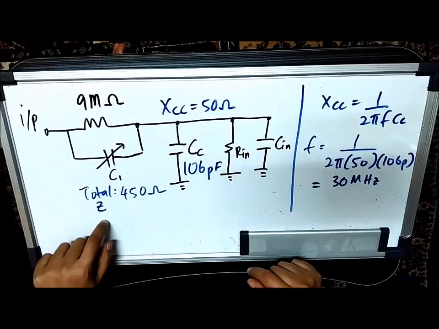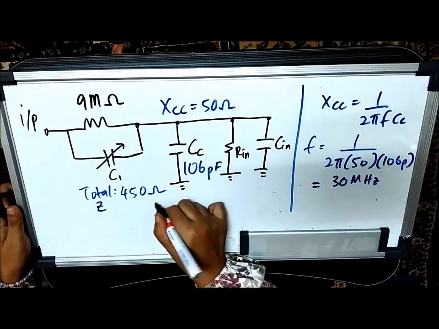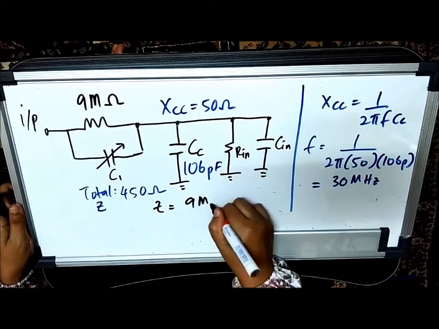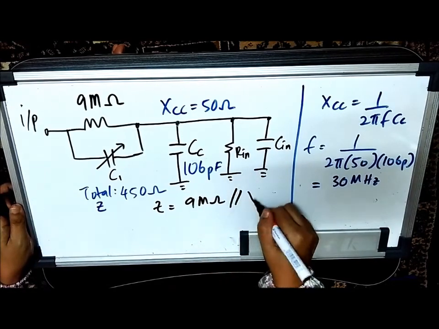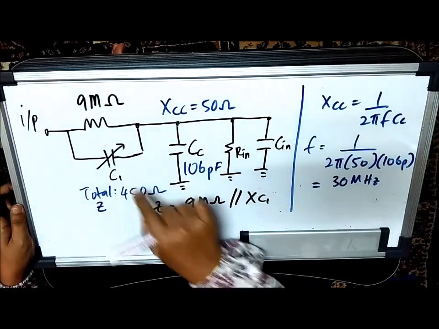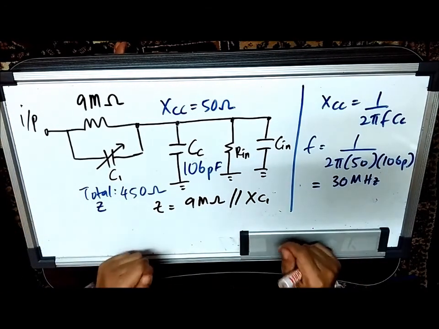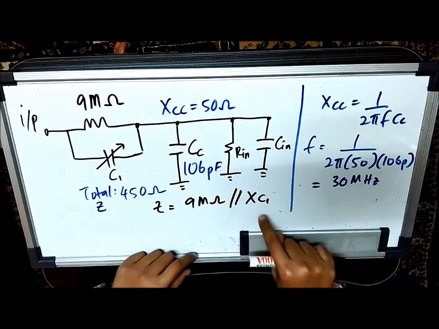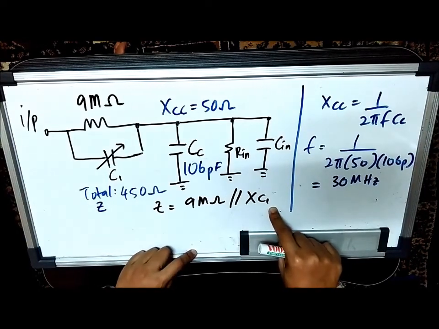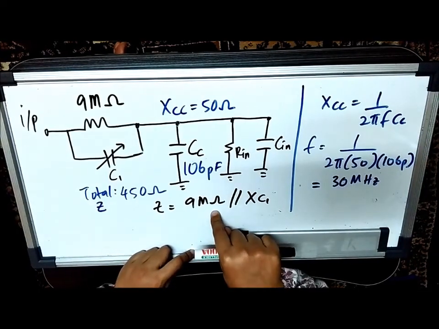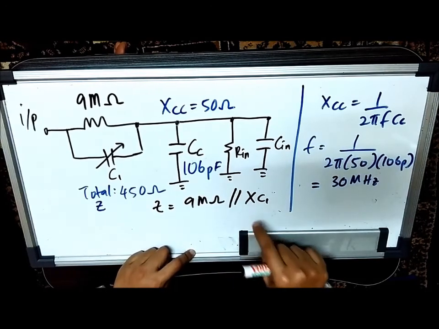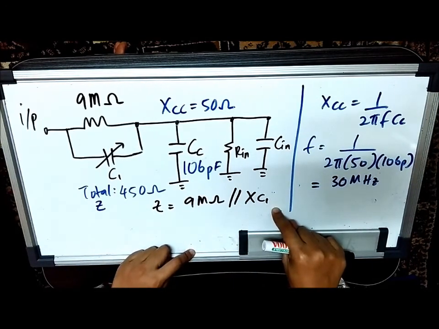Okay, so this total impedance here is actually equivalent to 9 mega ohm in parallel with the reactance of the adjustable capacitance. Okay, so one tip for resistance in parallel is that whenever a small value of resistor is in parallel with a huge value of resistor, the answer is normally the value of the small resistor.